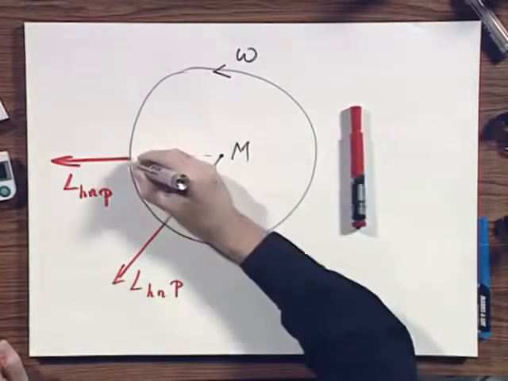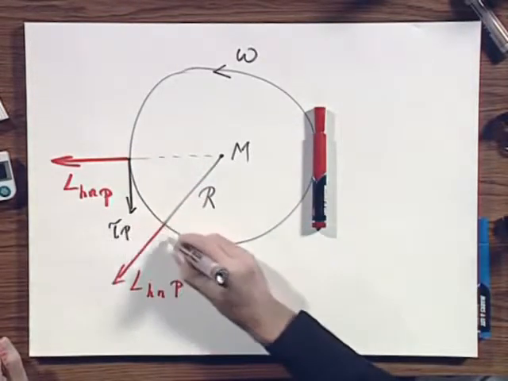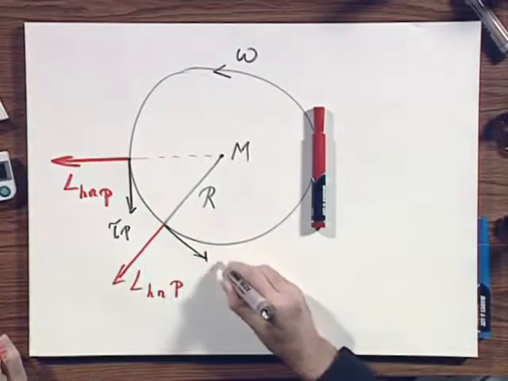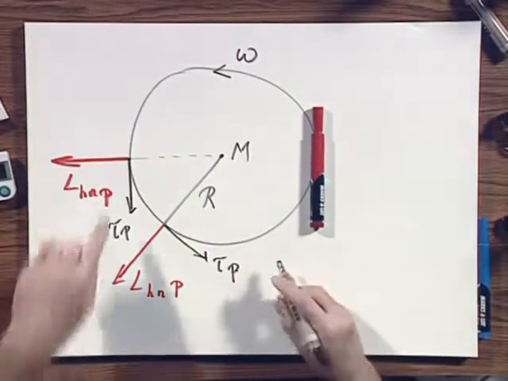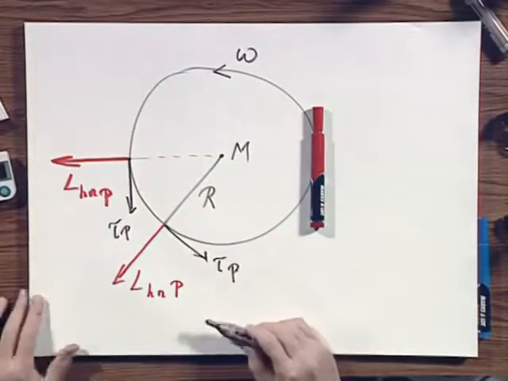And what you're going to see now is you're going to have a torque here relative to point P, and you're going to have a torque here relative to point P. And it is this torque that moves this angular momentum vector around.